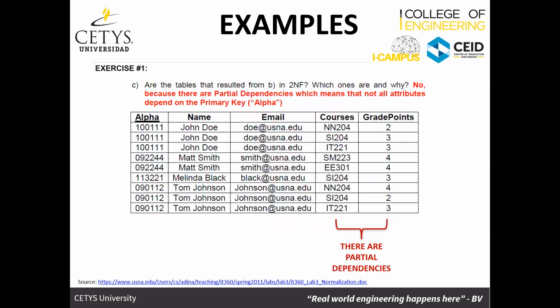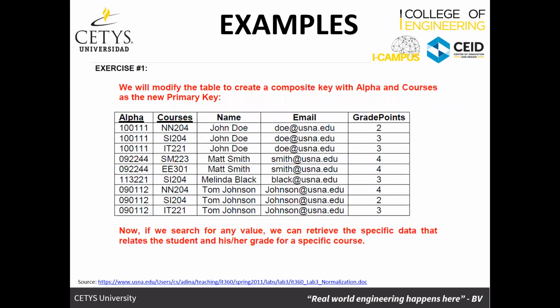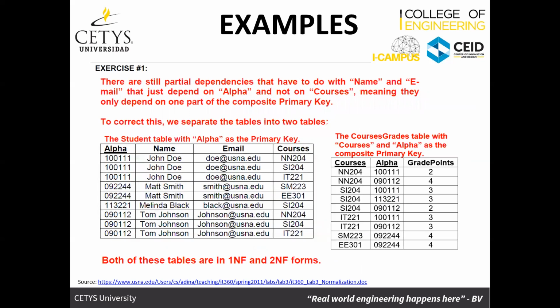Next, we try to identify the partial dependencies and eliminate them by either creating a new table or creating a composite key that eliminates them. So we do this. And lastly, to try to eliminate the partial dependencies, if necessary, we separate the tables and validate that the partial dependencies don't occur.